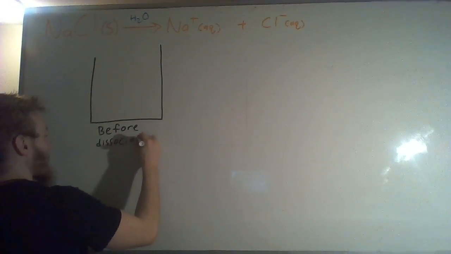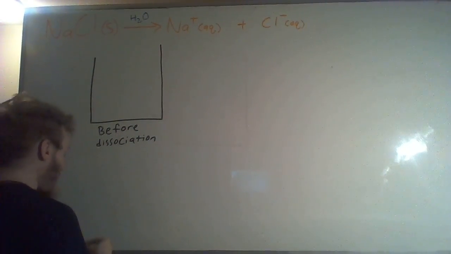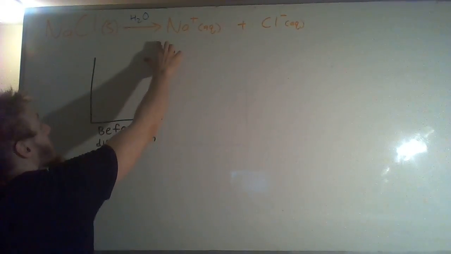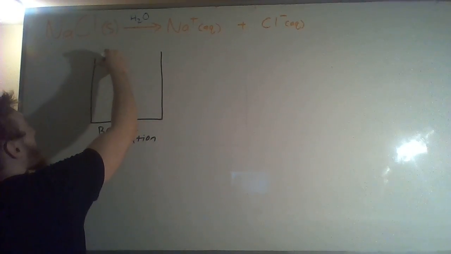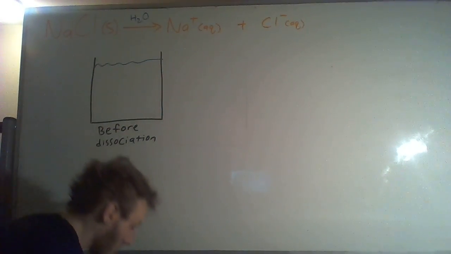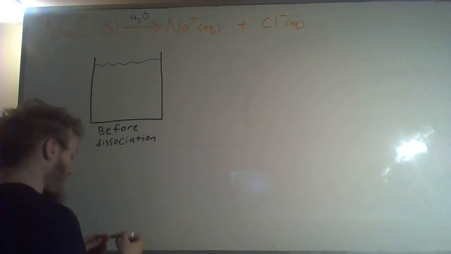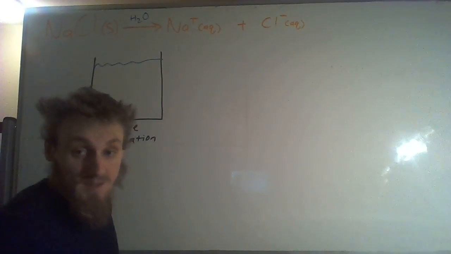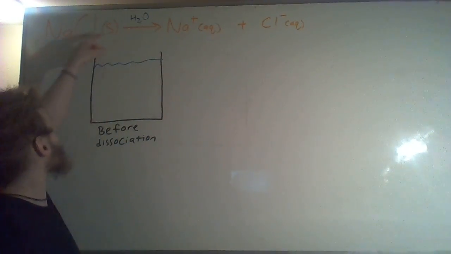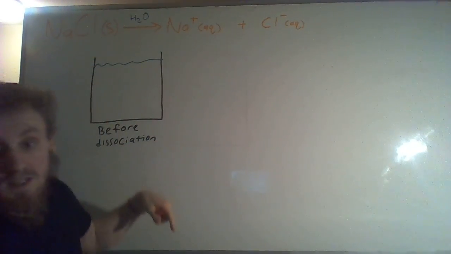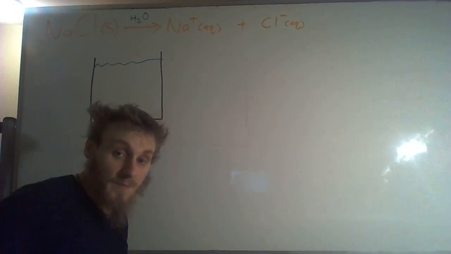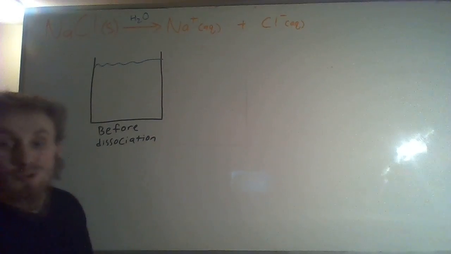All right, so we have a beaker, and I'm going to fill this beaker up with water, and this is the top of that water. Now, we're going to take this beaker of water and put some solid sodium chloride into here. So we're going to have some sodium ions and some chloride ions in here, but they haven't yet dissociated.